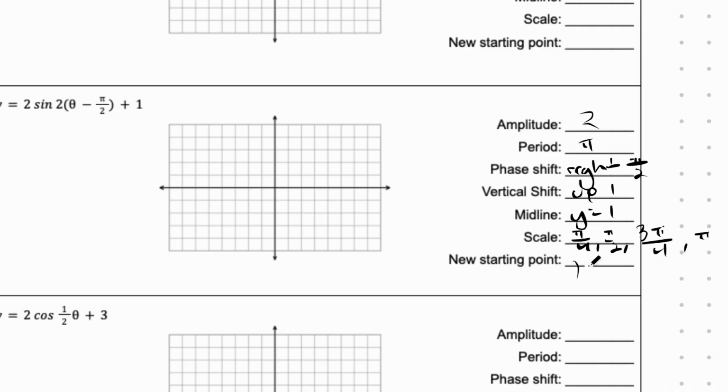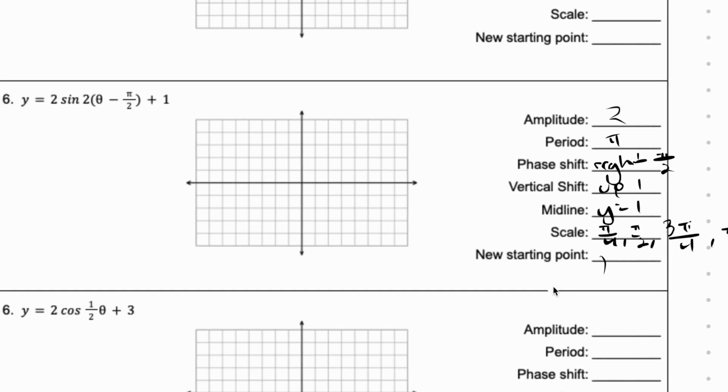Our starting point is going to be, well, we're horizontally shifting right pi over 2, and then we're shifting up 1. But since this is a sine function, our starting point is going to be almost like a 0 with respect to our horizontal and vertical shifts.